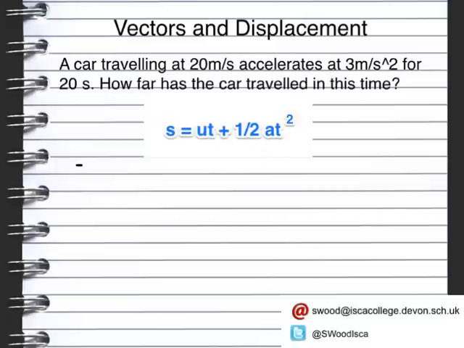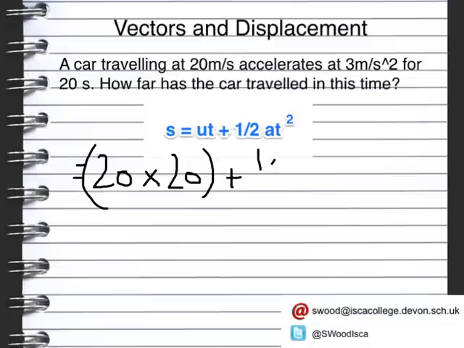So I'm just going to put the equal sign over here. Now the initial velocity is 20 meters per second times the time, which is 20 seconds, plus a half times the acceleration, which is 3, times 20 squared in brackets.